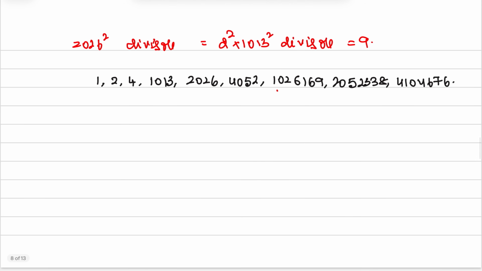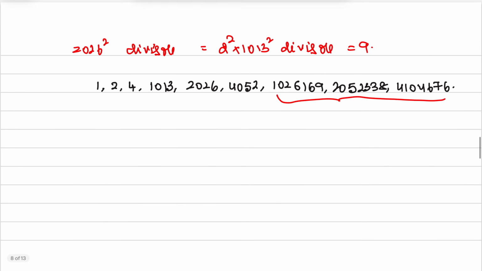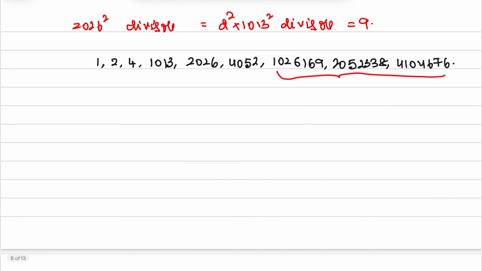These are all irrelevant for us because we are searching for a divisor between 515 and 7974. These are also not relevant, not applicable. These are also not applicable because we are looking between 515 and 7974.